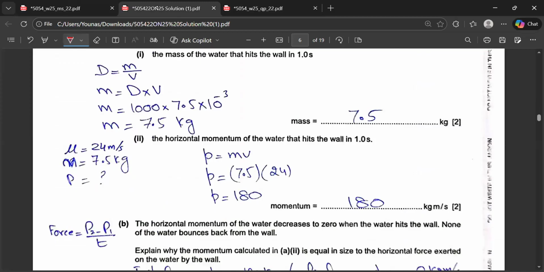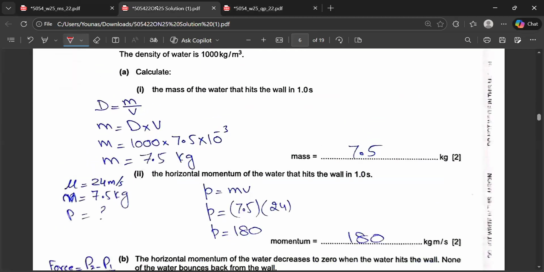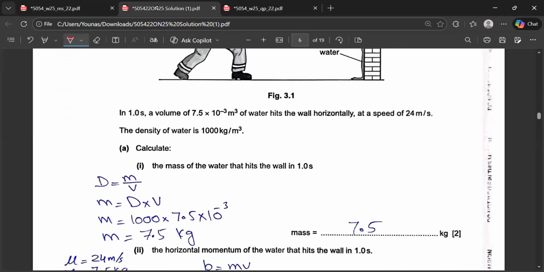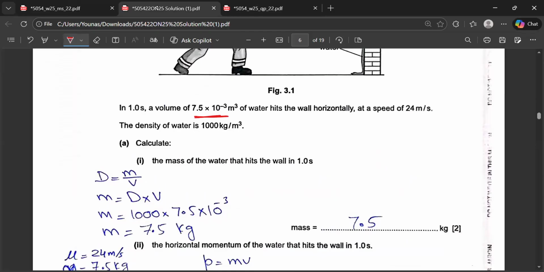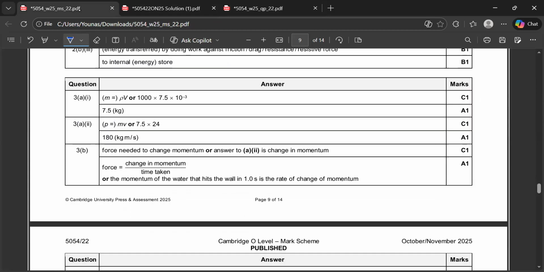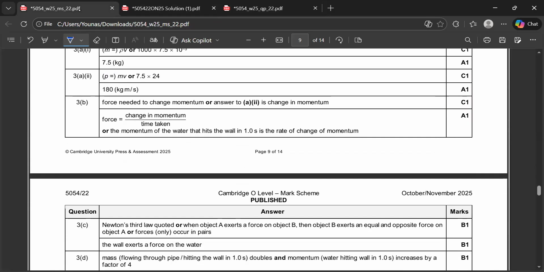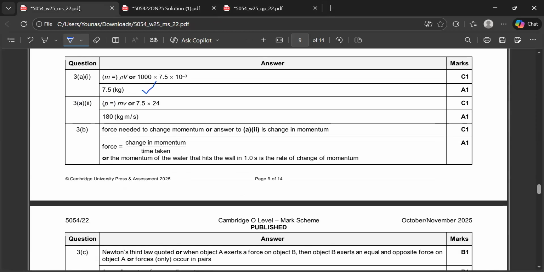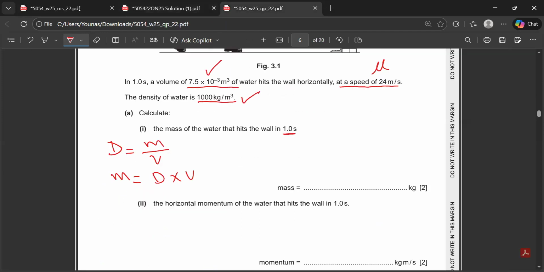In part A, the mass is equal to density times volume, 1000 multiplied by 7.5 × 10^-3. This volume was given in the question. You just multiply them on the calculator and you will get 7.5 kg. 7.5 kg is the answer for question 3, part A. Let's go to the next part.